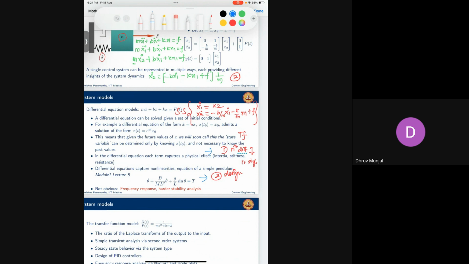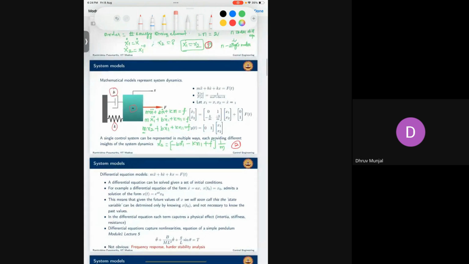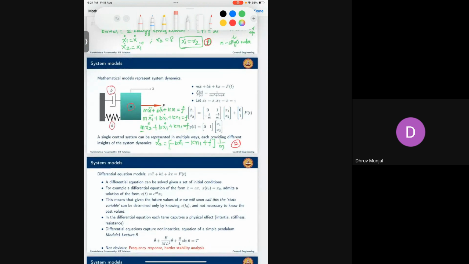Otherwise, you can write it in a matrix representation. I hope this part is clear. If you have any doubt, you can ask now. Otherwise, you can post it in the discussion forum. So that's how we got this. Whatever I wrote here is what has been represented as a matrix equation here.